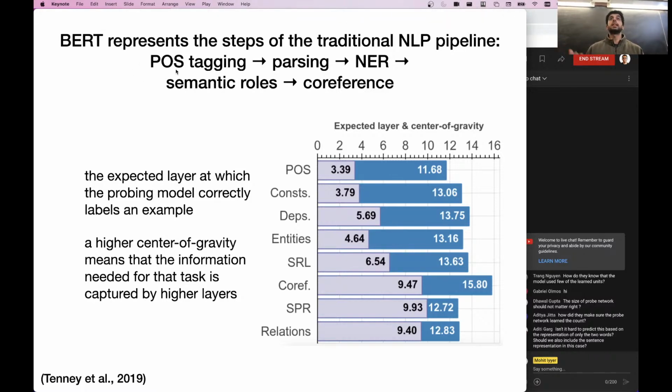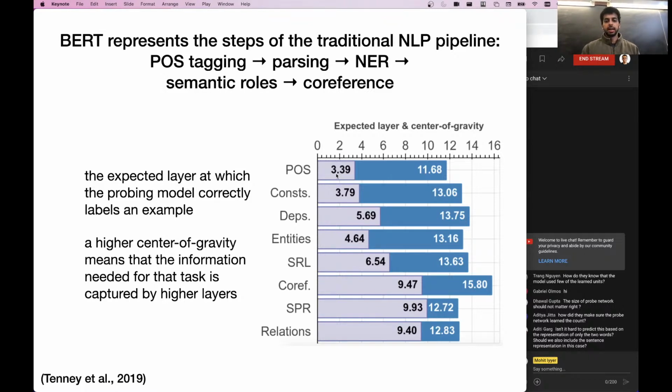But it used to be the case that if you wanted to use NLP, you would have to do part of speech tagging, you might have to do parsing, detect all the entities in the sentence, do coreference, and then you would have enough features to put into a classifier to solve whatever task you care about. And it turns out that BERT, just through its pre-training objective, is fairly good at all of these low-level tasks, despite not ever being trained to solve any of them.